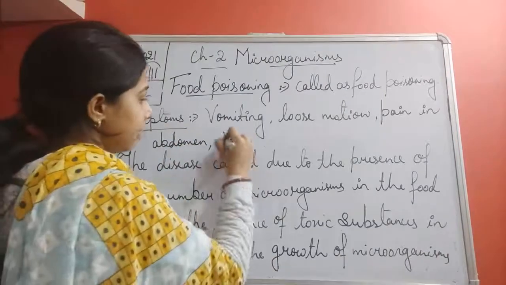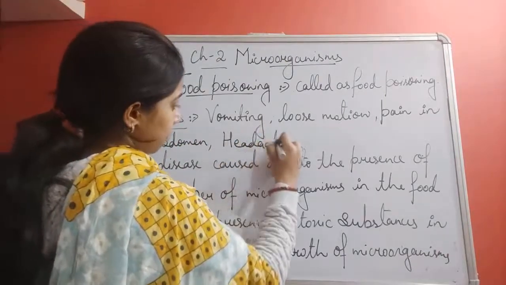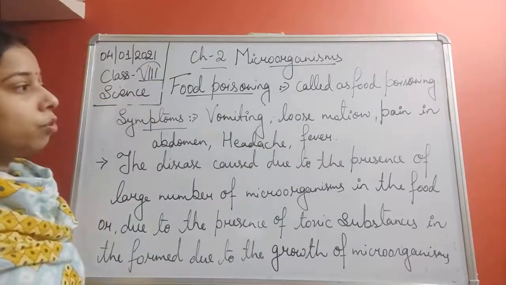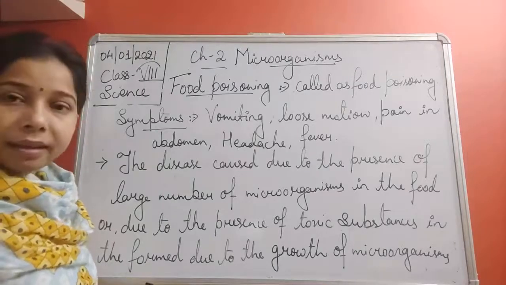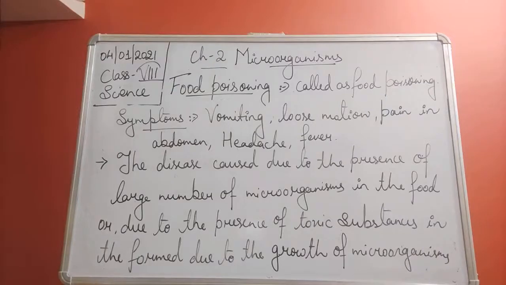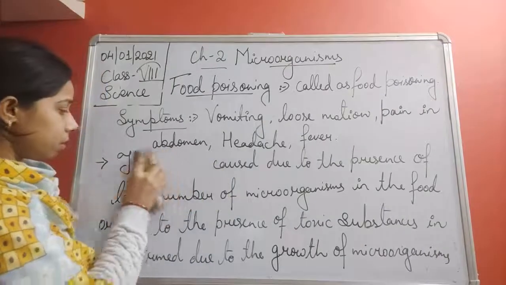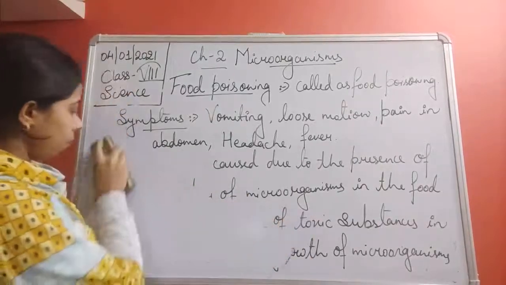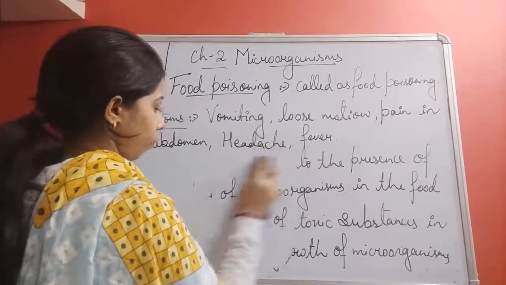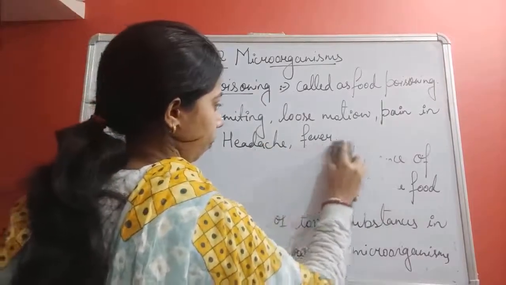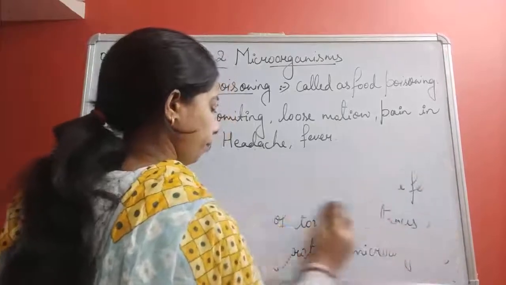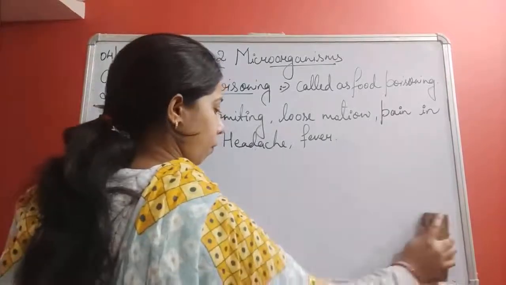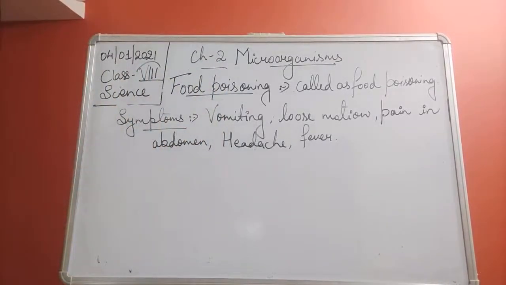Then headache is there. Then fever. So vomiting, loose motion, pain in abdomen, headache and fever: these are all the major symptoms of food poisoning.